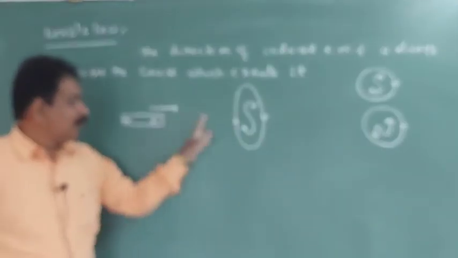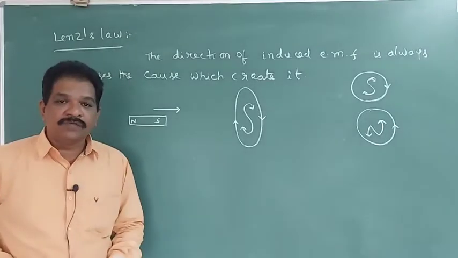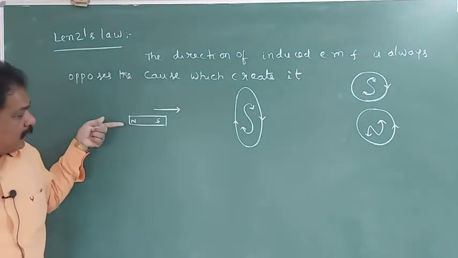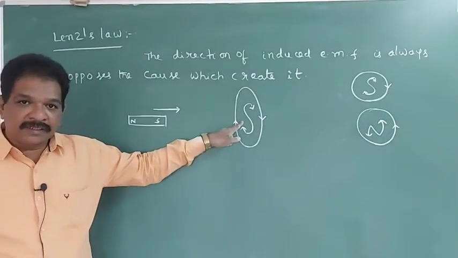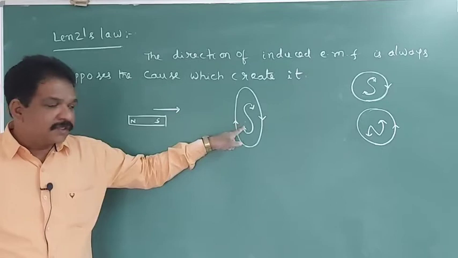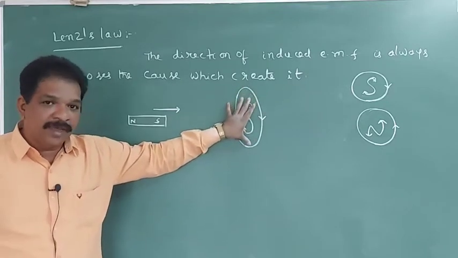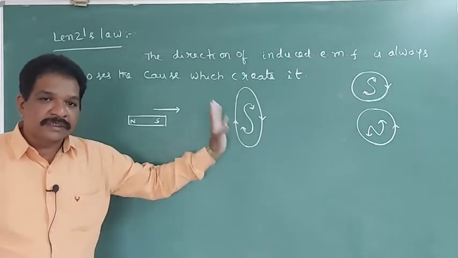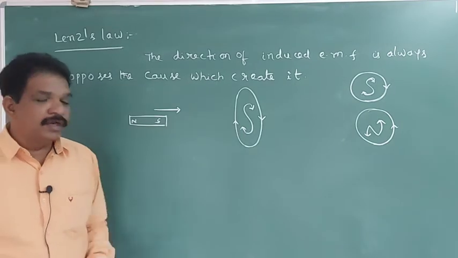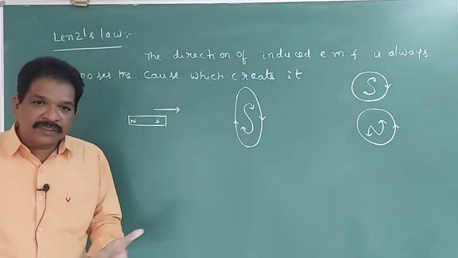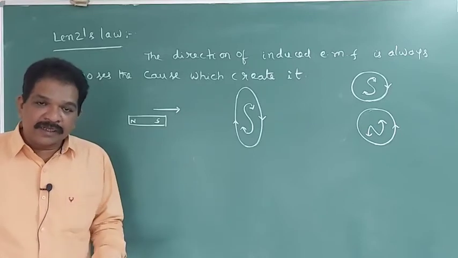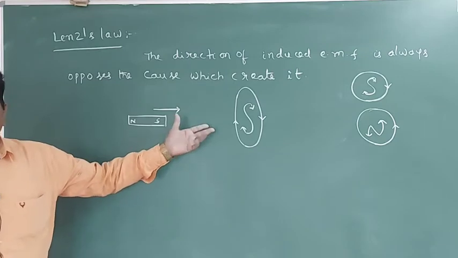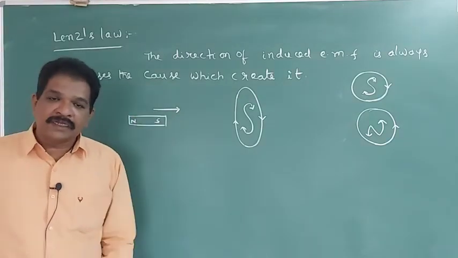Then south and south will repel, and this motion will be opposed. It tries to oppose this reason, because only because of the movement is this current created. Because of this current, this coil behaves like a magnet, and this face will be a south pole. South will repel. Because of whichever reason that current or EMF is produced, the direction of EMF will always oppose that reason.